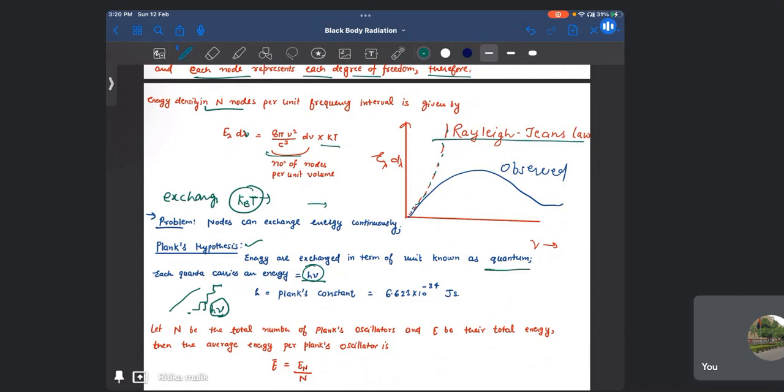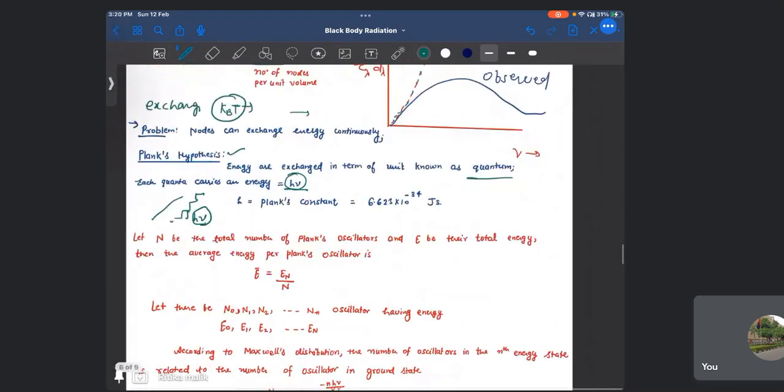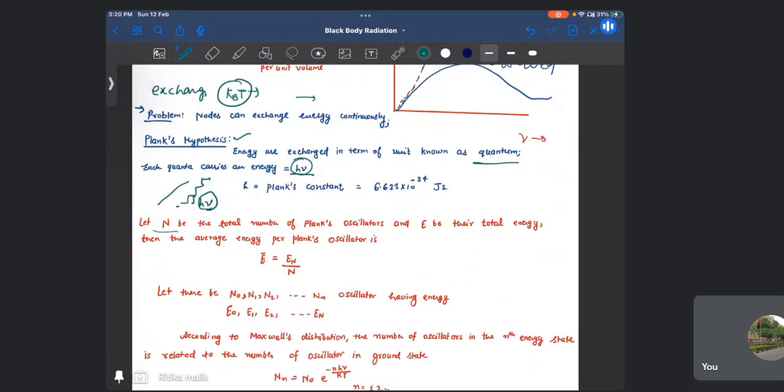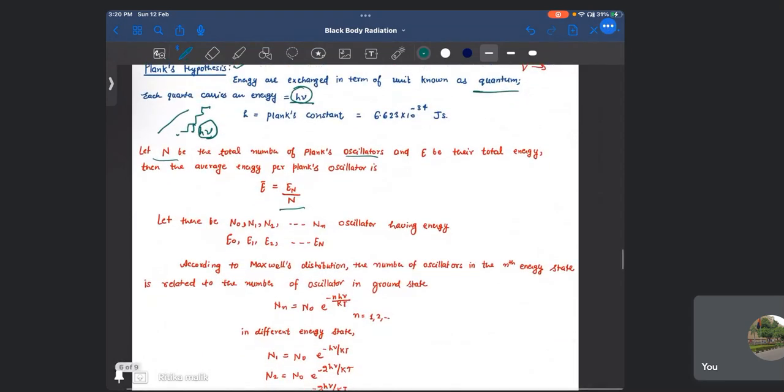So instead of taking kBT as our energy unit, he takes hν as the energy unit in each degree of freedom. And since n is the total number of these Planck's quanta within an energy E, the energy in one Planck's quantum is given by the total energy divided by the total number of quanta. If we have quanta 0, 1 and so on, each carries an energy E1 to En.